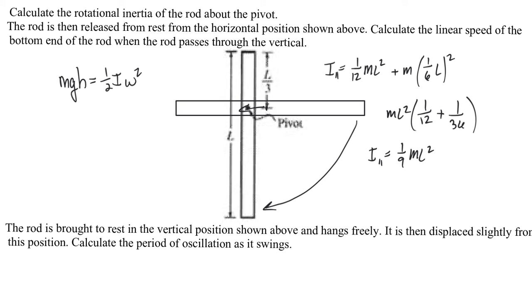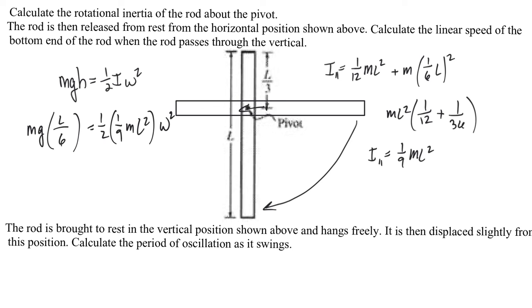So mg, let's deal with h. How far has the center of mass descended? Yes, it's L/6, the distance from my pivot point to my center of mass. So mg times L/6 has to equal 1/2 times 1/9 ml squared omega squared.